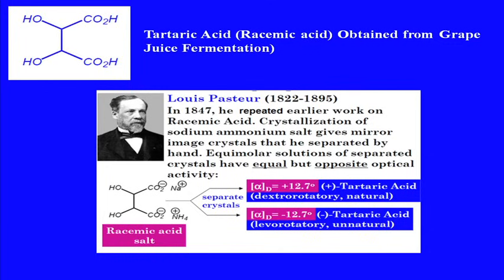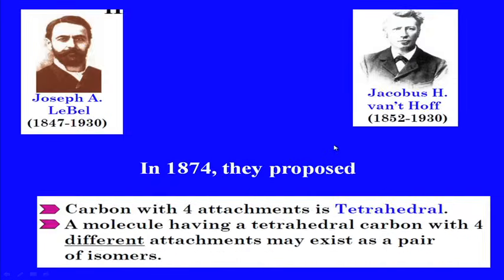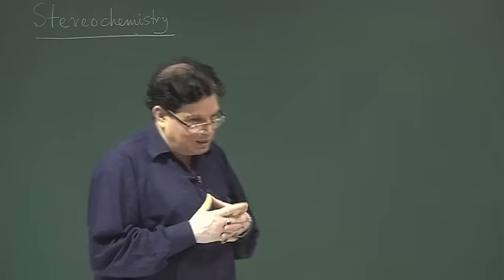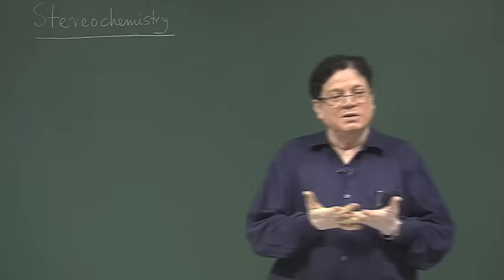One was rotating in the clockwise direction, so that was called dextrotartaric acid, and the other is levotartaric acid, because it was rotating the light in the other direction, counterclockwise or anti-clockwise. However, Pasteur could not explain why this phenomenon is happening. That means, for a molecule having the same molecular formula and same constitution, how can it exist in three different forms?